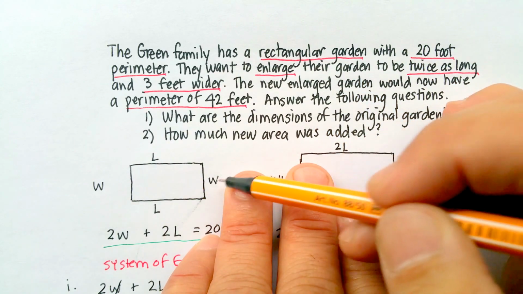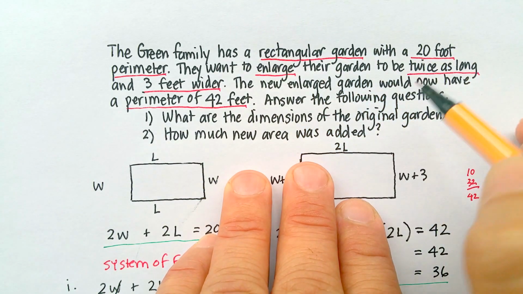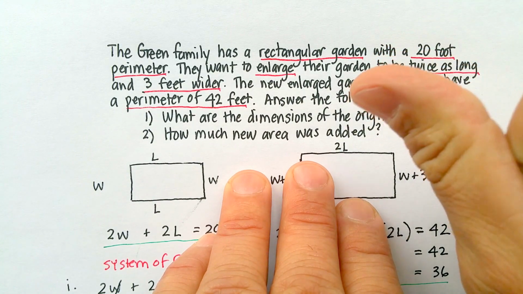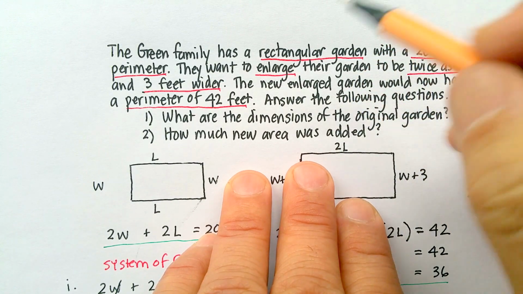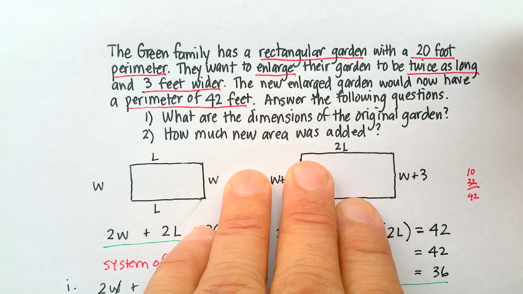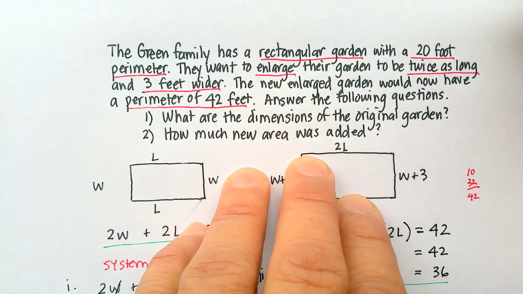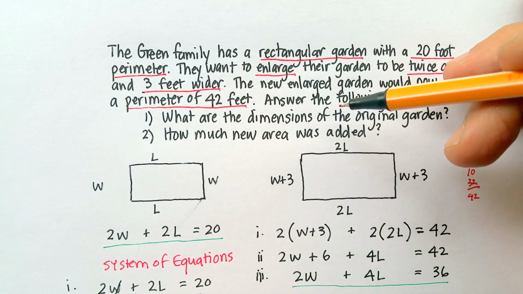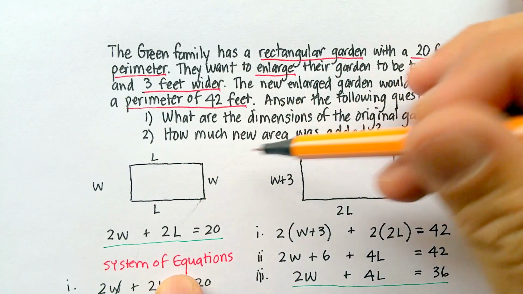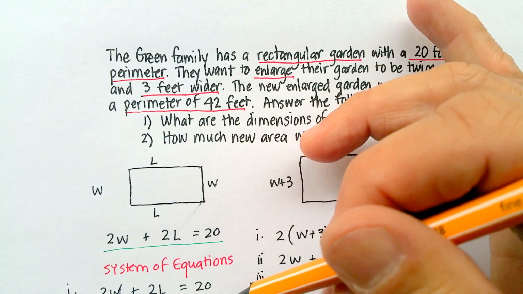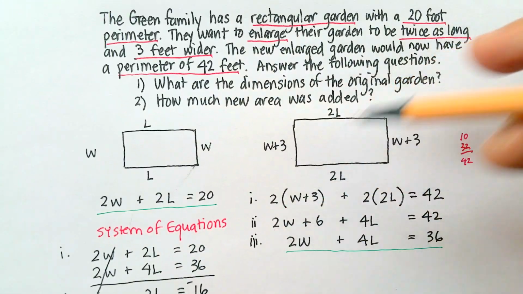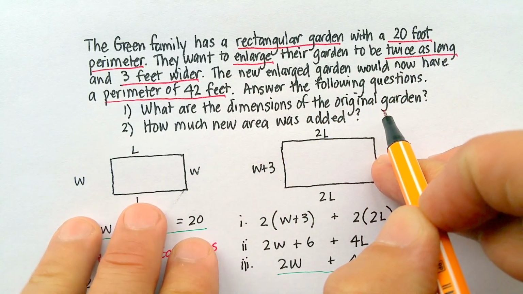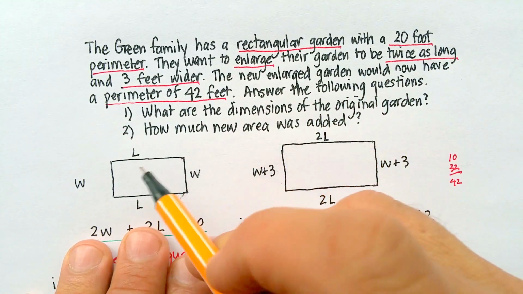Once you've changed them to variables, change those into equations by looking for operations, like adding, subtracting, that sort of thing in the words, keywords. You always try to find the equal sign because that's part of an equation. Then put them into some kind of equation and solve them. Check and see if they make sense by plugging them back in and seeing if they answer the questions you were asking.